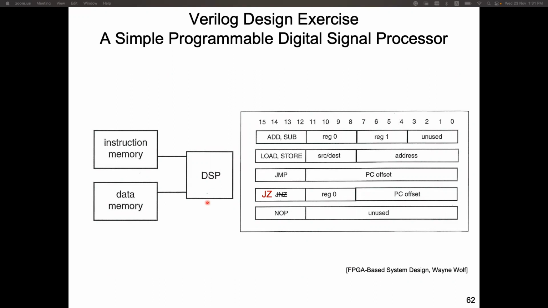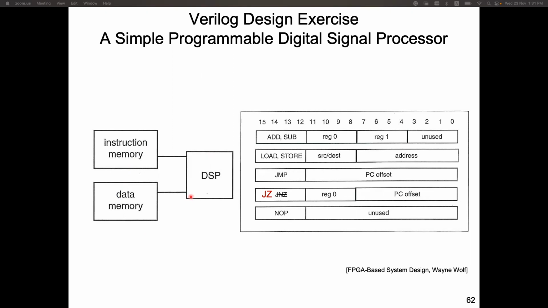It has all the functions of a microprocessor, and there are two microprocessor or CPU architectures. One is called von Neumann architecture. The other is Harvard architecture, and this is of the Harvard architecture.